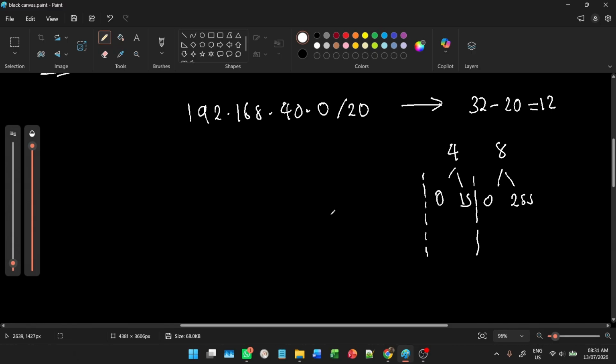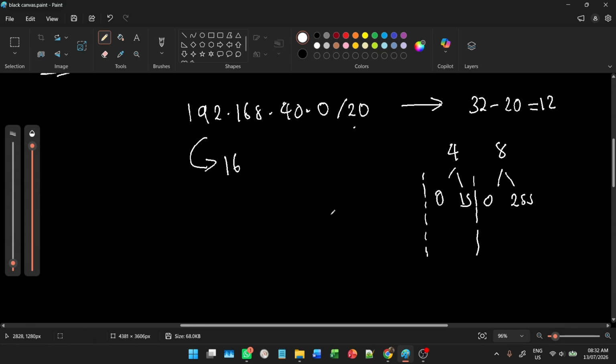So now we need to arrange this into blocks. Let's say they want how many subnets. So essentially you can make so many subnets with this, but they only want how much? Let's say 16 subnets. They want 16 subnets out of this.